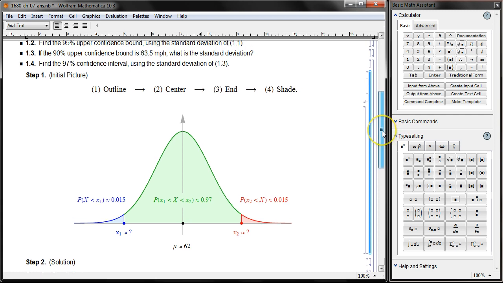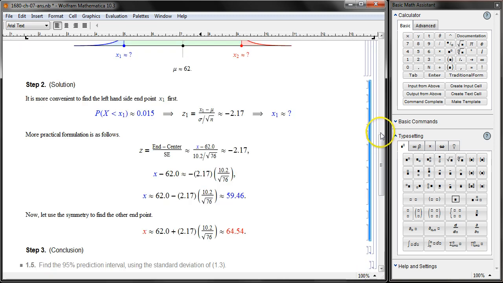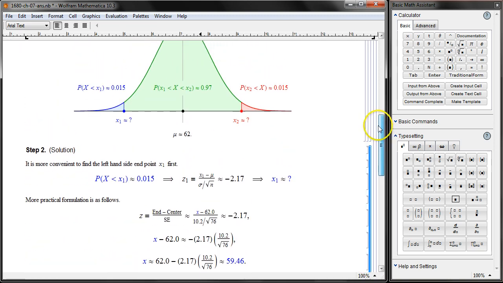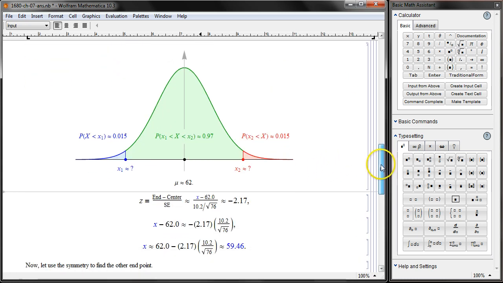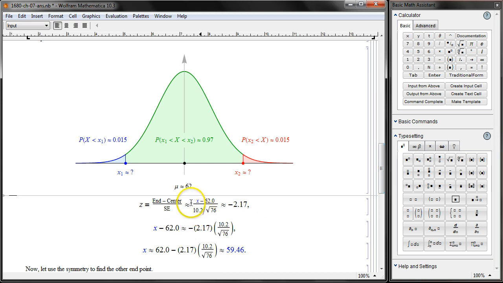Let's find the left-hand side value first using the same formula. x minus center over SE is the z-score associated with the problem. Let me copy this picture again here so that I can see this in the same viewing window. x minus center over 10.2 over square root of 76. Yes, we get that, and the z-score associated with 1.5% turns out to be negative 2.17.